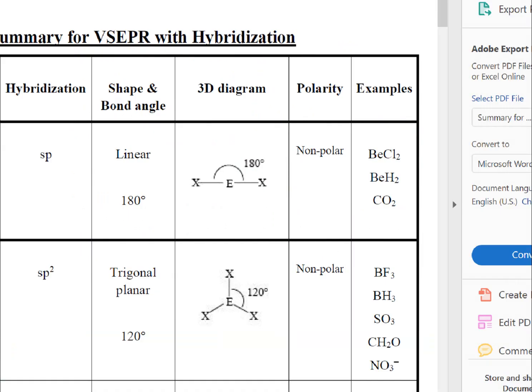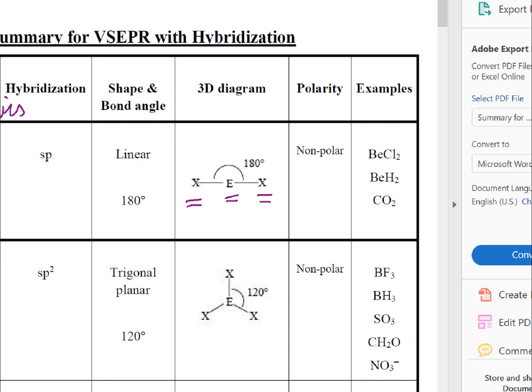So to summarize, the effect of VSEPR with hybridization, remember that if we have a formula AX2, AX2 means the central atom is surrounded with 2 other atoms. The type of hybridization here is sp because the number of effective pairs, remember, number of effective pairs are 2.